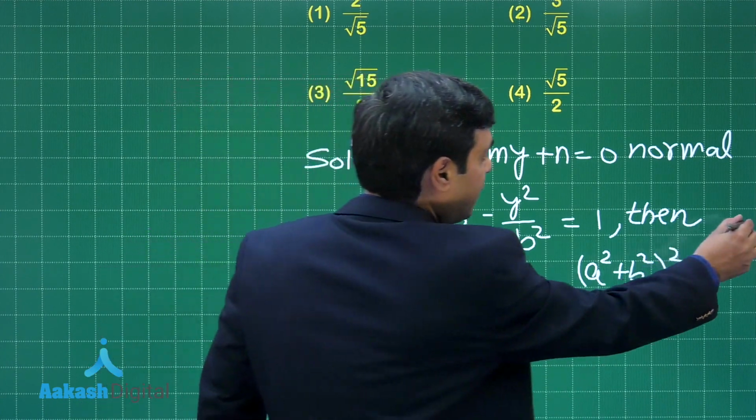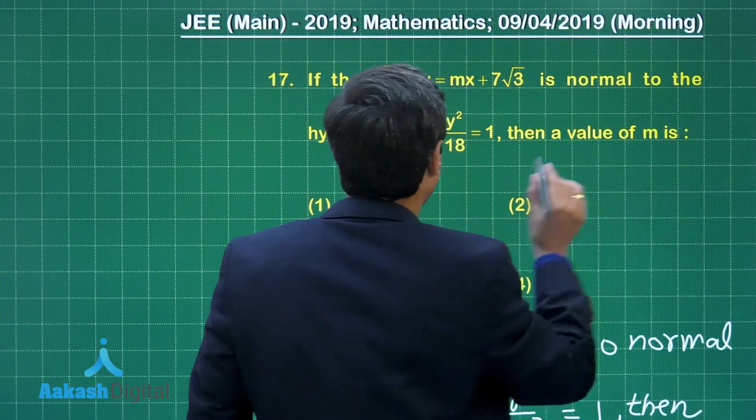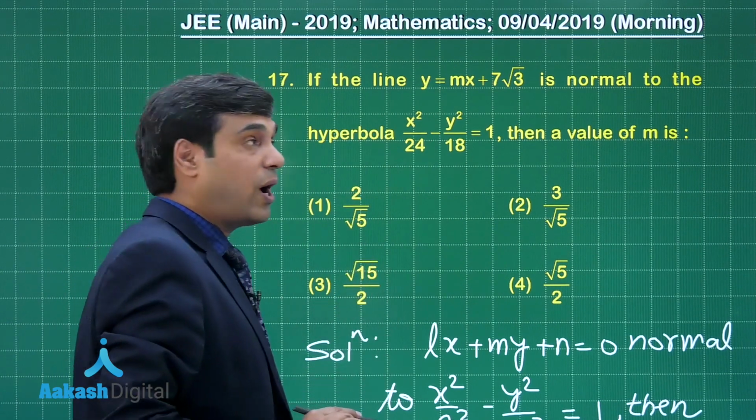Simply substitute the values over here. You can see a² is 24, b² is 18.